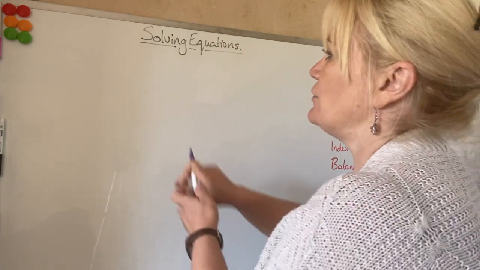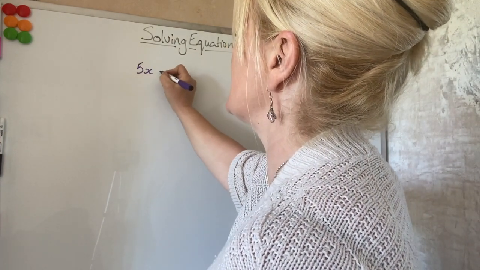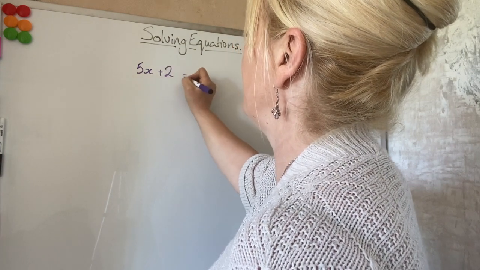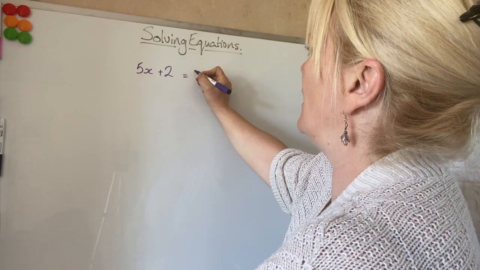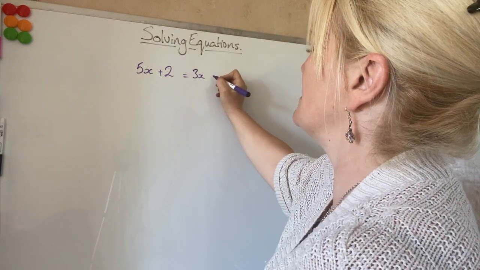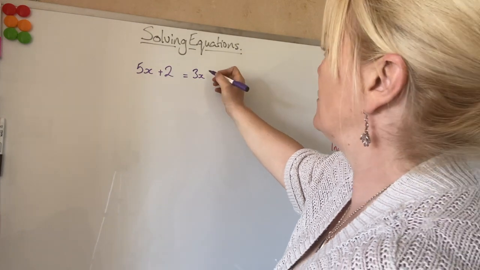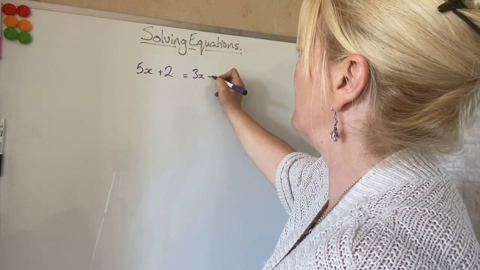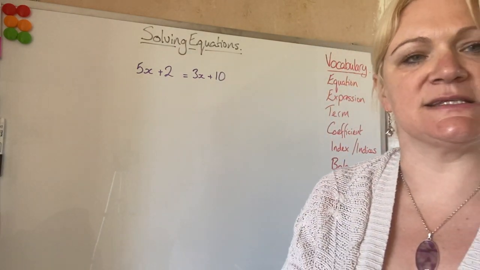So it'll look like something like, let's have 5 lots of x plus 2 being equal to 3 lots of x plus 10. Let's have those as an example.